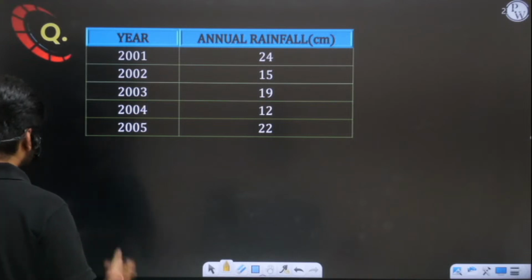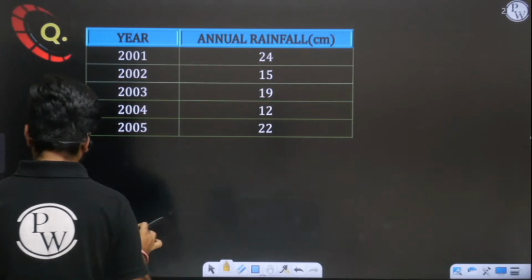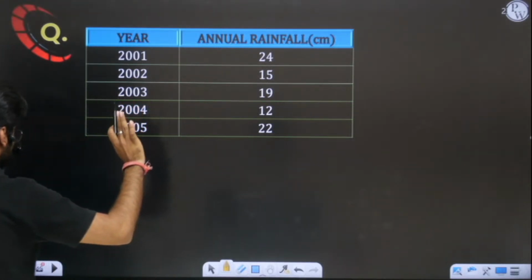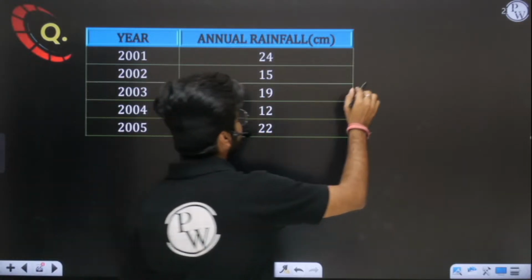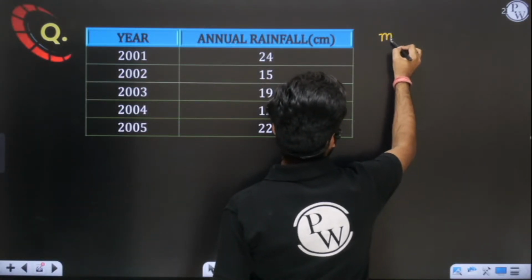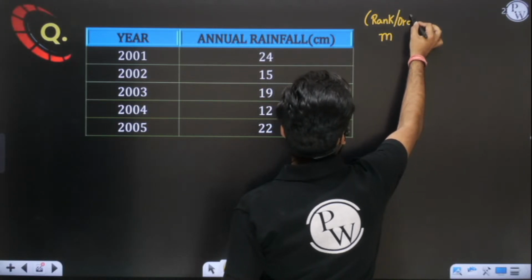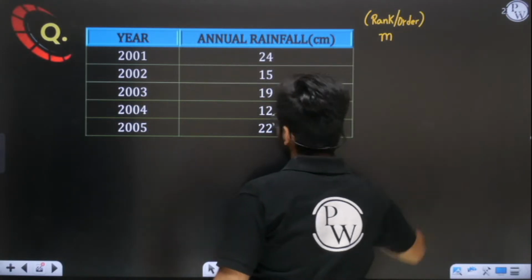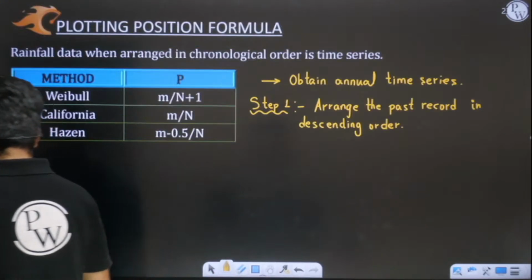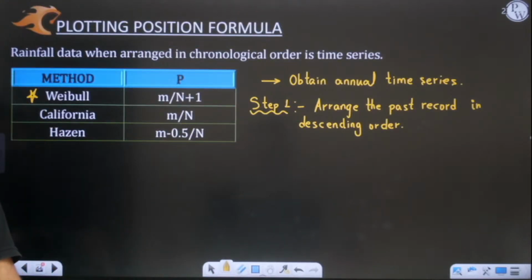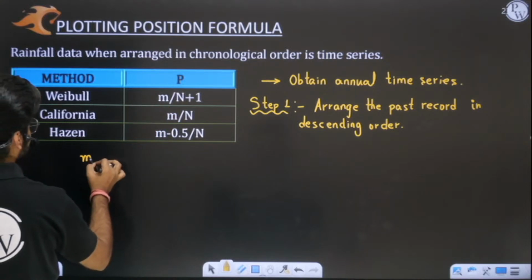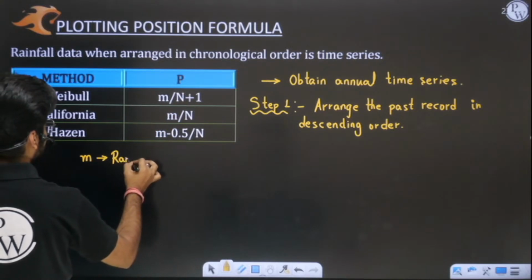This is the data which is given to us. Now I will write a value of m here. m means rank, m means order, rank or order we can write. What is the meaning of m here? m means rank.